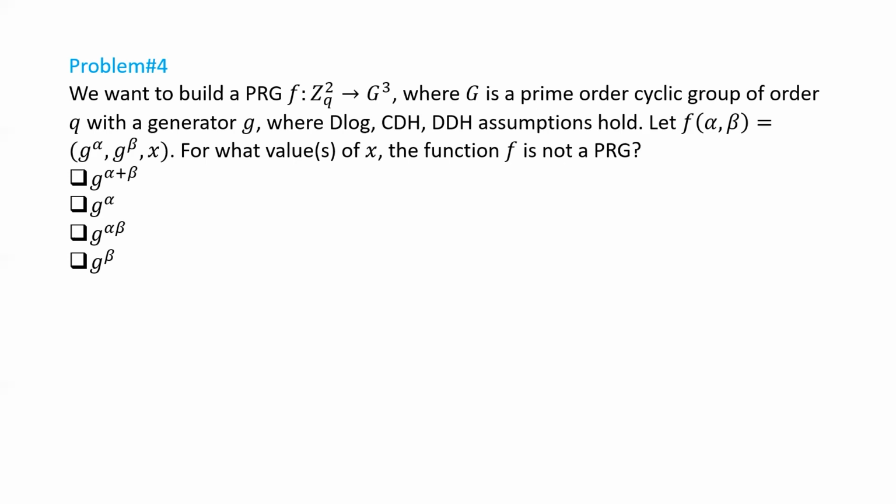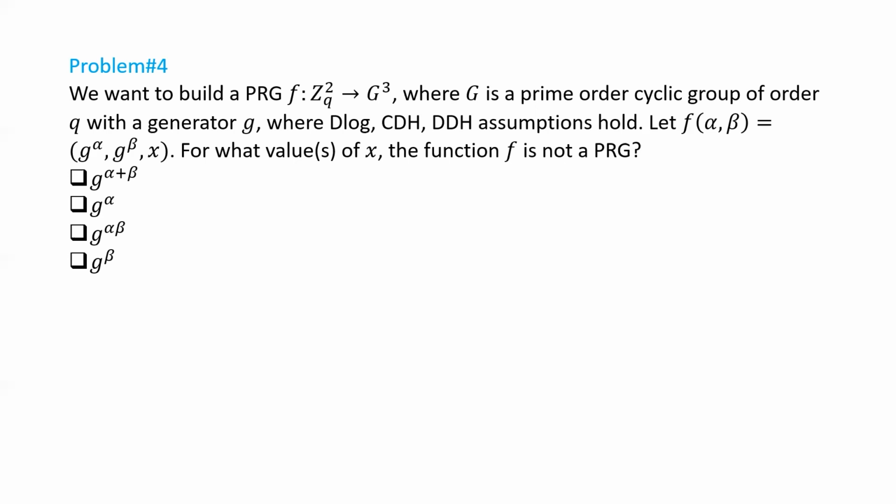In case of the third option, just see, due to the fact that the DDH assumption holds, we know that g to the power alpha beta is actually indistinguishable from any random element of the group.